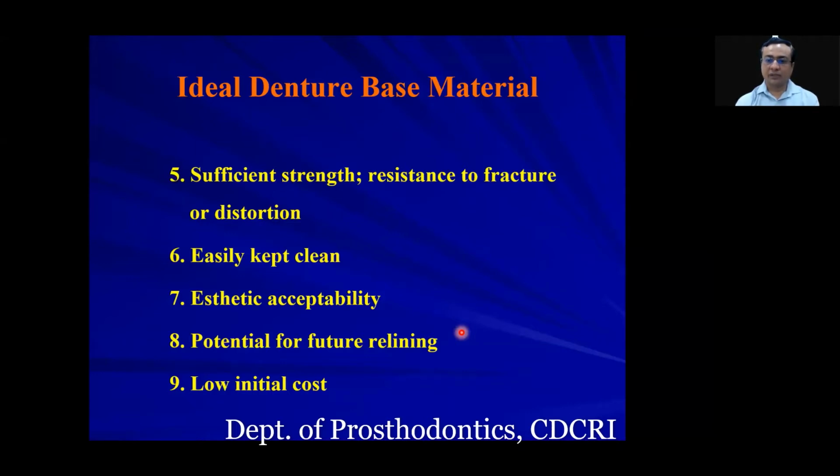Rest, everything remains the same. So your denture base material should be such that you can do the relining anytime. And the last requirement is related to the financial condition, finance. Ideally your denture base material should be of low cost, both in terms of the material as well as the instrument required for the manipulation.